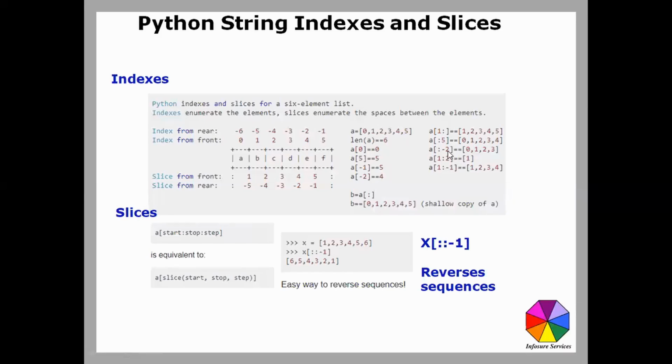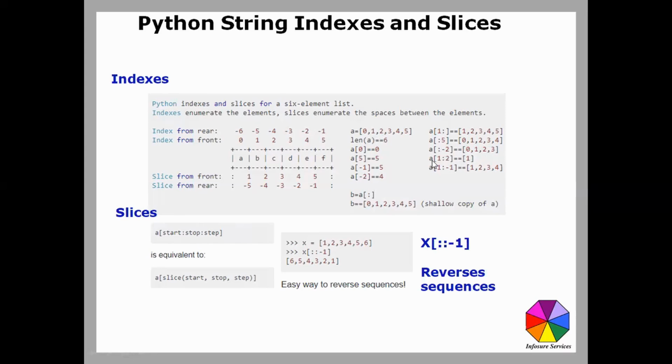From the beginning to -2 is 0, 1, 2, 3, and this position is skipped. When you come from reverse, -2 means this position is skipped. So it's 0, 1, 2, 3.